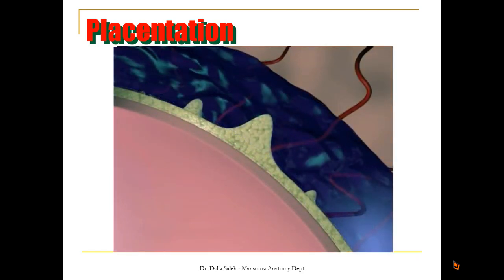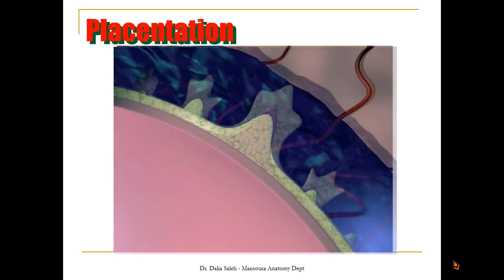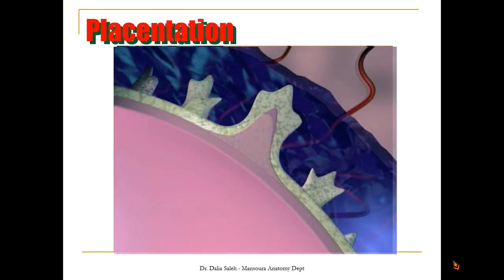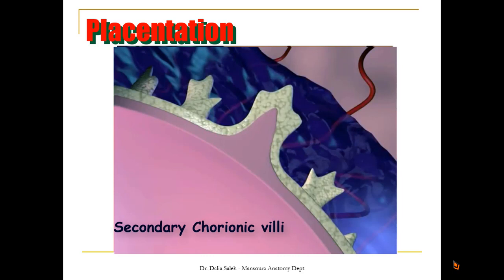So when the cytotrophoblastic layer sends finger-like projections into the syncytial trophoblast, this is the appearance of what is called a primary chorionic villi. Then, when the extraembryonic mesoderm invades these finger-like projections, now the secondary chorionic villi are formed.